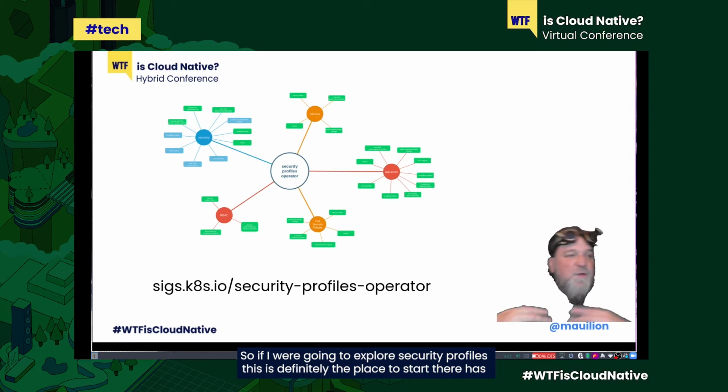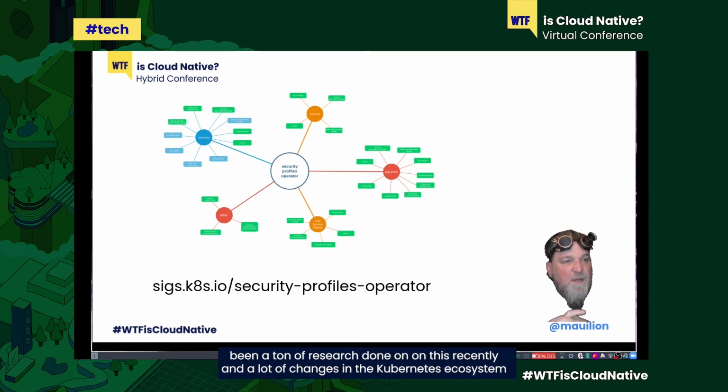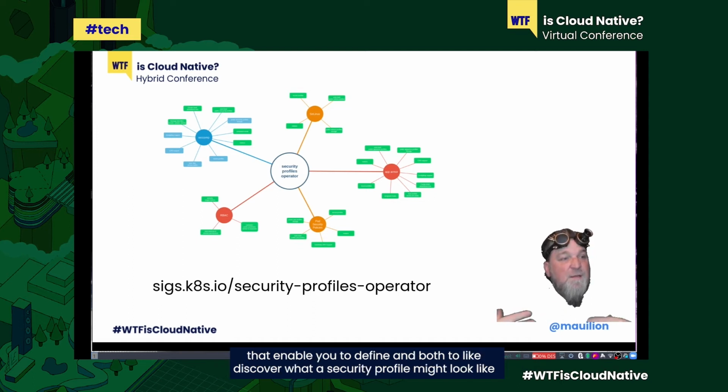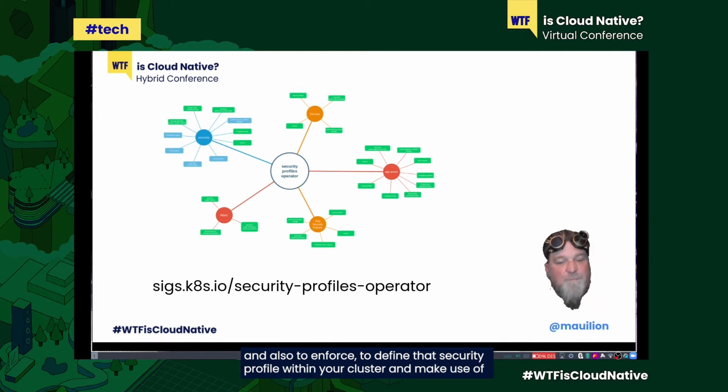If I were going to explore security profiles, this is definitely the place to start. There has been a ton of research done on this recently, and a lot of changes in the Kubernetes ecosystem that enable you to discover what a security profile might look like, and also to define that security profile within your cluster and make use of it as part of your pod spec.